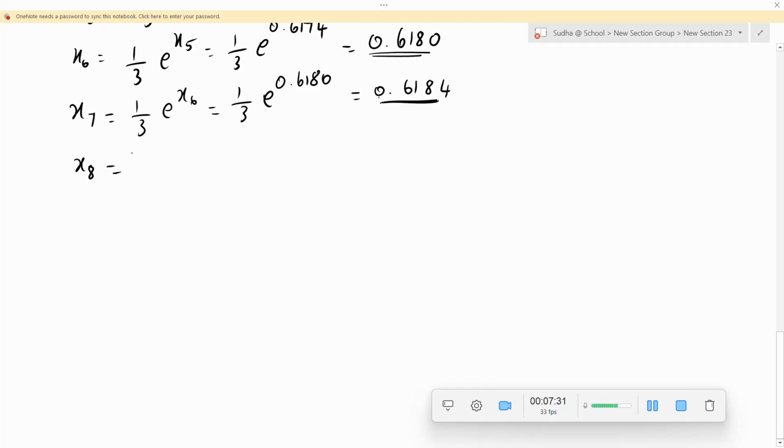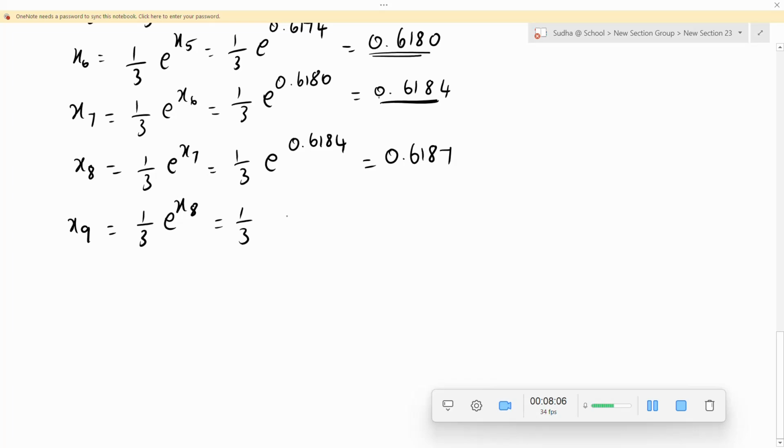So x8 equal to 1 by 3 e power x7. So 1 by 3 e power x7 value 0.6184. We get 0.6187. Next to find x9, 1 by 3 e to the power x8, the x8 value 0.6187.